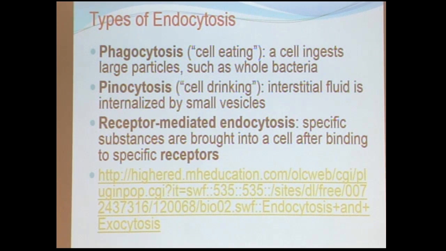It's done by immune cells. Pinocytosis is basically just drinking a little bit of the liquid around. So it's non-specific. You just bring in 1 milliliter of the liquid in a vesicle. And then receptor-mediated involves receptors. They bind to something, and they bring it in.